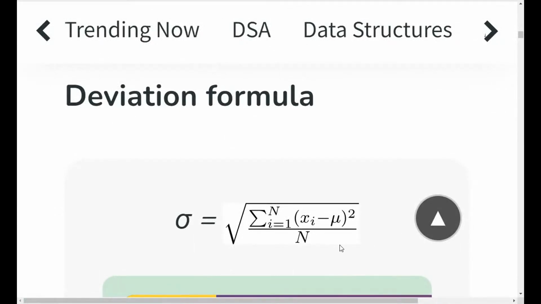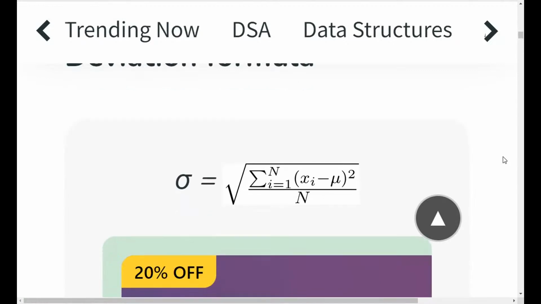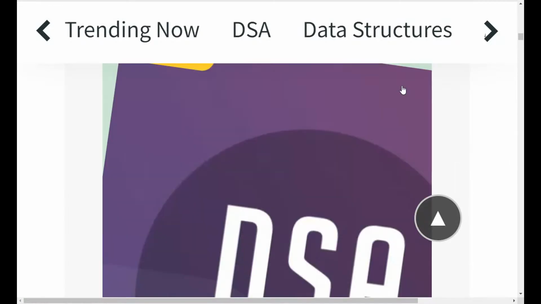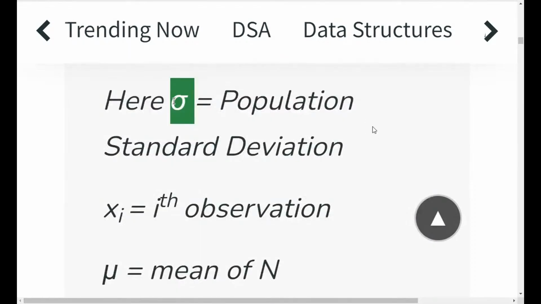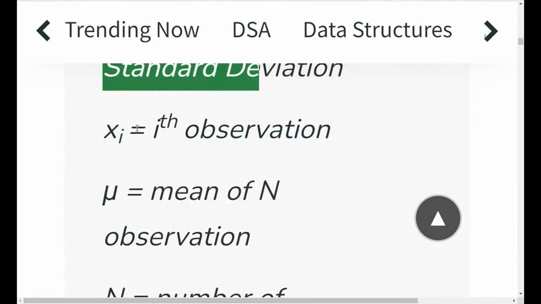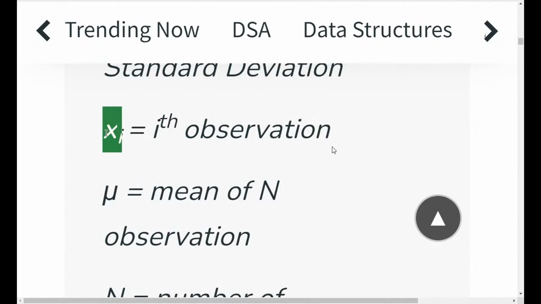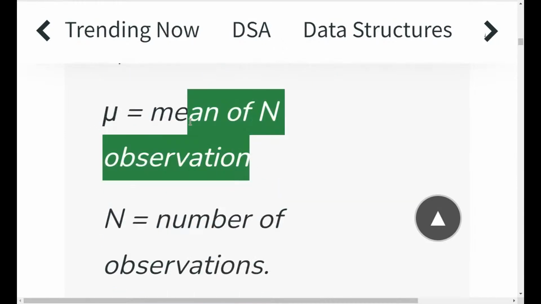Okay, we have the variance. We'll come back to the formula later. Here is sigma, that is my population standard deviation. Then we have x of i, that is my ith observation. This is the observation number, and I have mu, that is the mean of n observations.